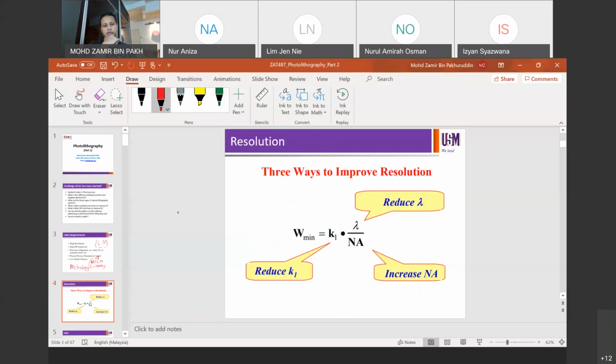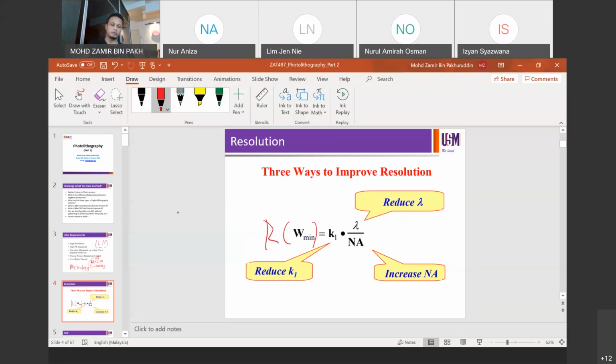Okay, to improve resolution, resolution is given by R, or in this case called W min if you like, the minimum feature size, given by K times lambda over NA. So K is the process factor, so it's related to many factors in the process. Lambda depends on your wavelength of exposure.